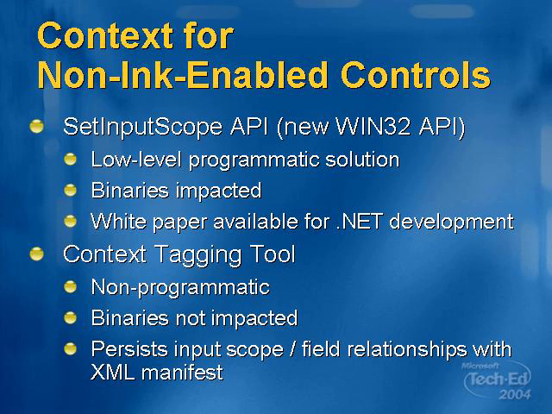All you do is use the context tagging tool to associate the fields in your application with one of these input scopes, and then it generates an XML manifest file that you redistribute to your users, and they drop it next to the executable for your application. Then at runtime, when the TIP encounters a new instance of your application, it looks for one of these context manifests. If it finds it, it'll load it up and apply that context information to your application. So that's sort of a stopgap measure for you to get context in your application.